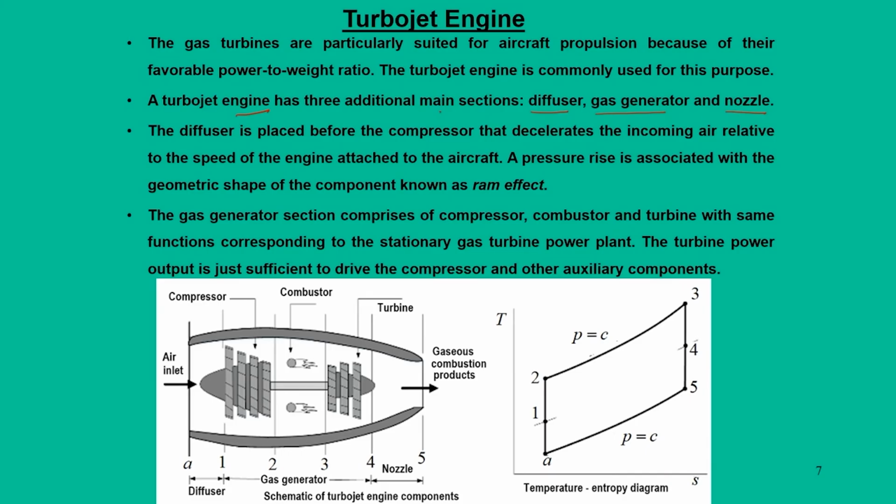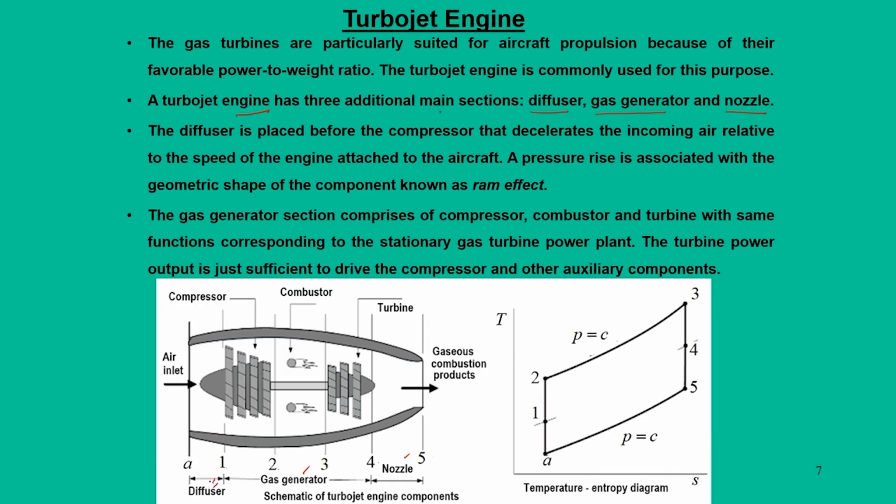If you look at this particular figure, we have shown the three sections: diffuser, gas generator and nozzle. Some important events happen at various locations, and the locations are noted as A, 1, 2, 3, 4 and 5. These numbers essentially say that when air enters this engine, it passes through different components. The first component it enters is the diffuser.